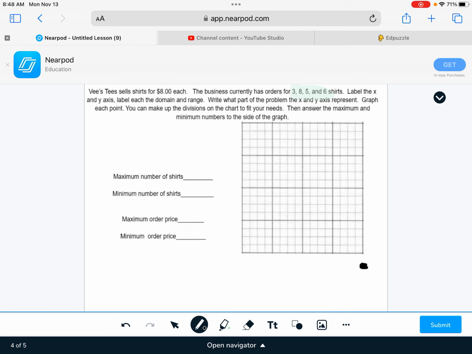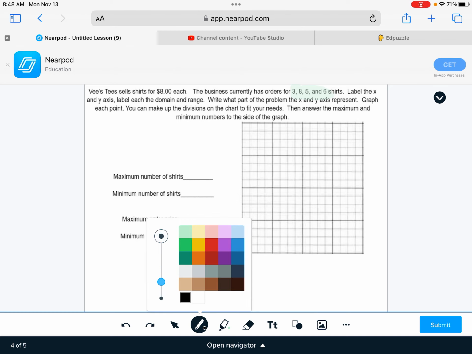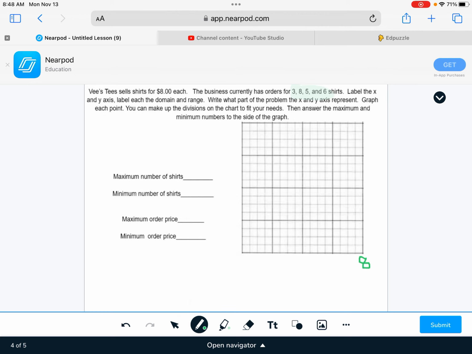And if I happen to put 8 over here, I can't even do this in a small enough way to be able to get seen, excuse me. If I put 8 over here and I go backwards, 6, 4, 2, and 0, we would be able to use this to represent the number of shirts. This is also going to, again, be the domain. I want to have those labeled.